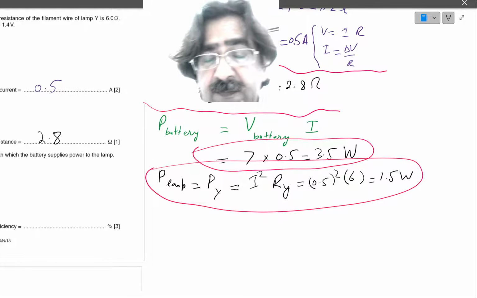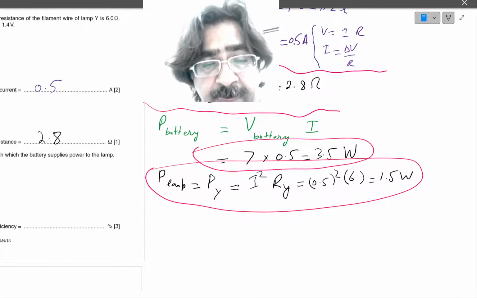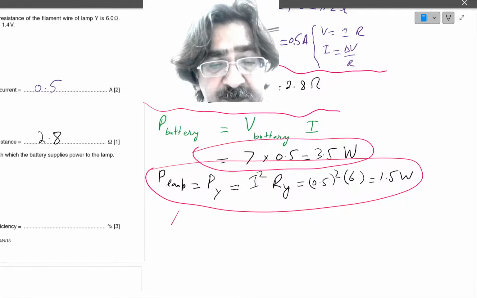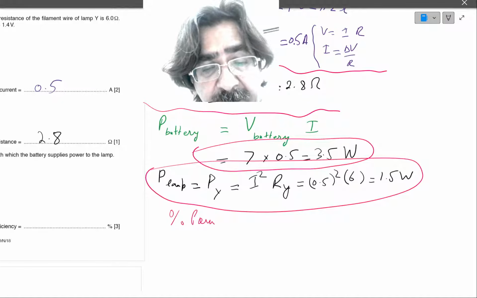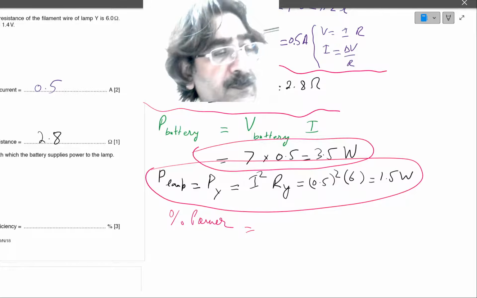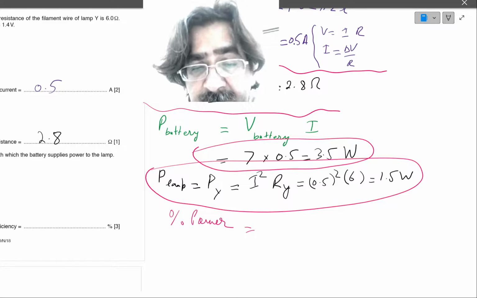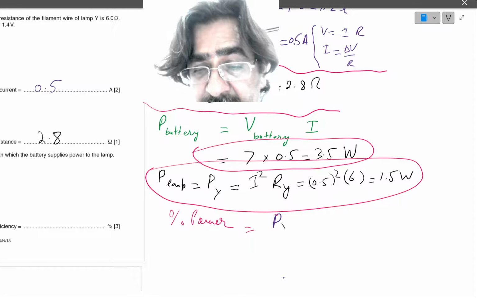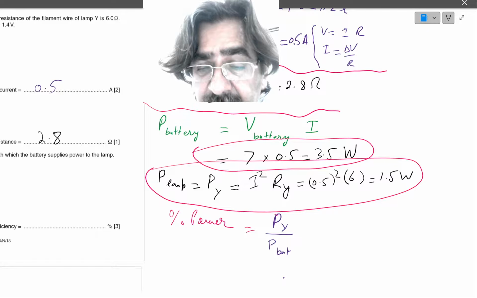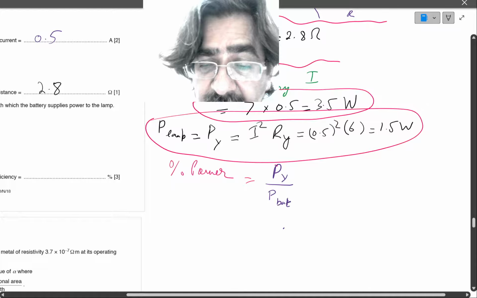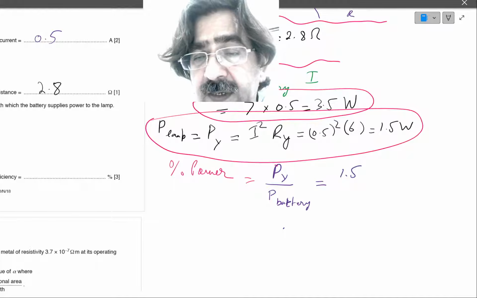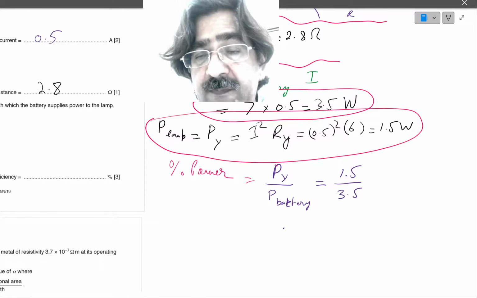We have to find the percentage power, that is equal to P lamp divided by P battery, that is 1.5, lamp power, divided by 3.5, times 100.